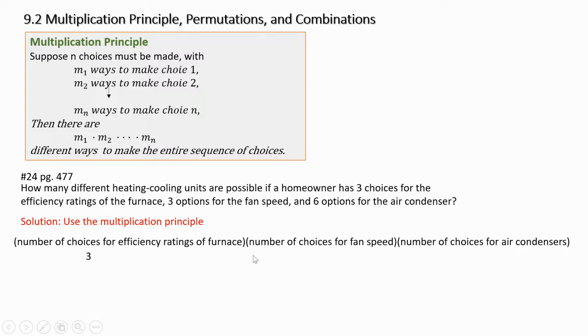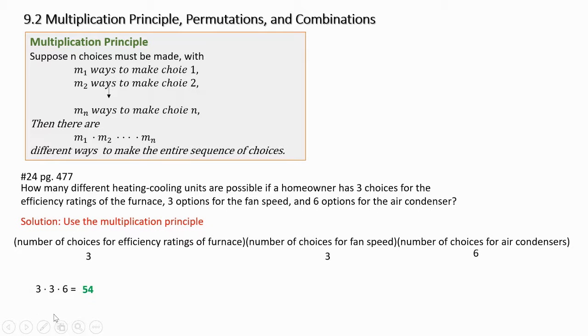We have 3. And the number of choices for fan speed, there's 3. And 6 options for the air condensers. So there's 6. So we're going to multiply them all out, and that's how you get the answer. Because at times, for these, they actually want you to draw a tree also.